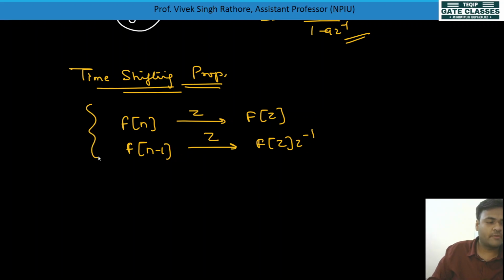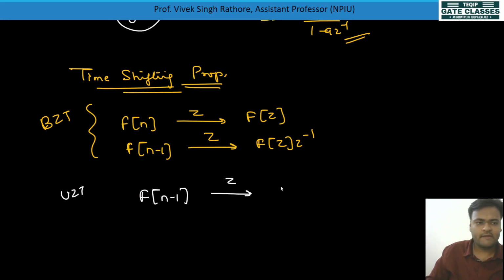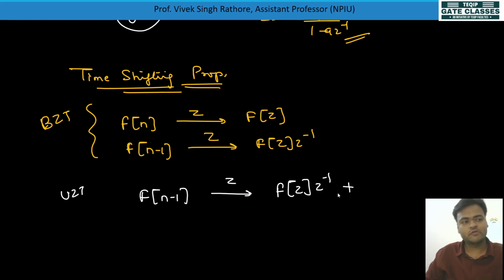Actually this property we have seen for the bilateral Z transform, but for the unilateral Z transform, f of n minus 1 will have F of z z to the power minus 1, but some initial value will also occur, because unilateral starts from n equal to 0, so the f of minus 1 value will also be taken.